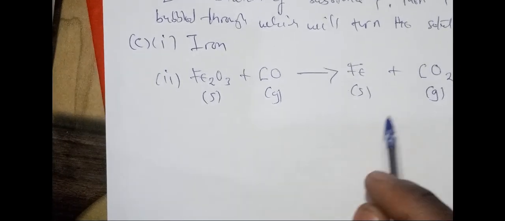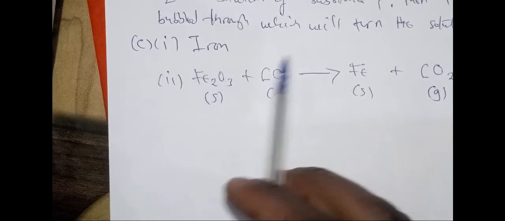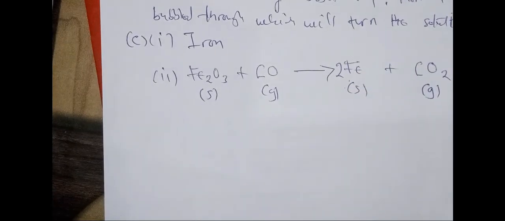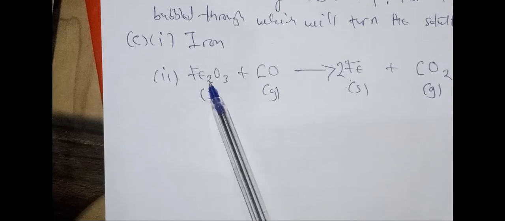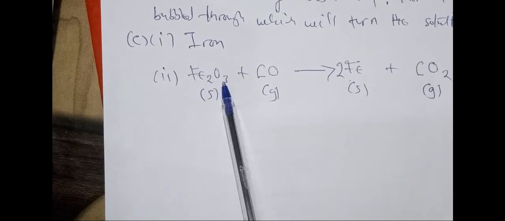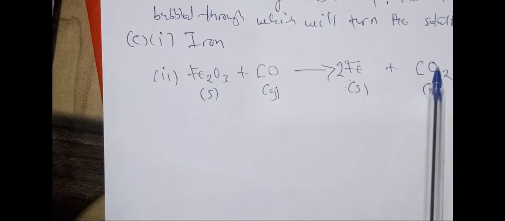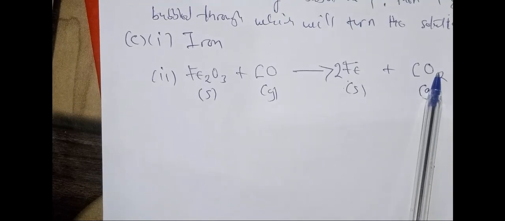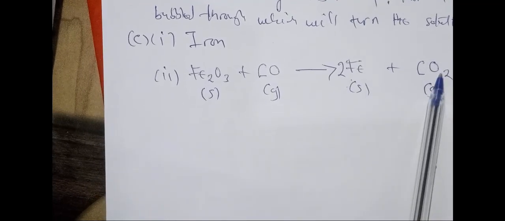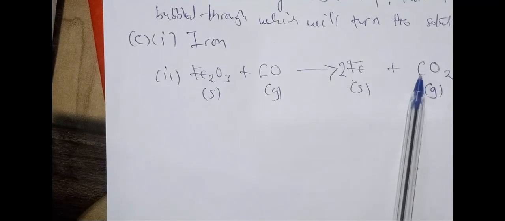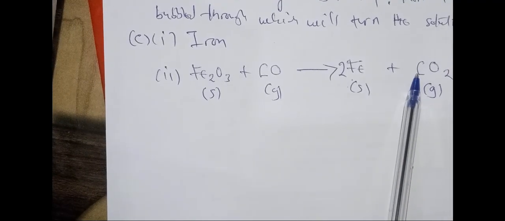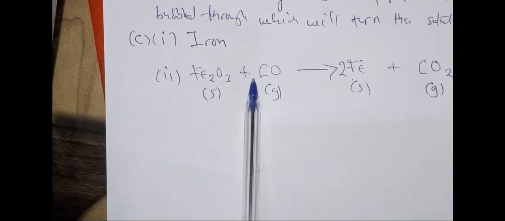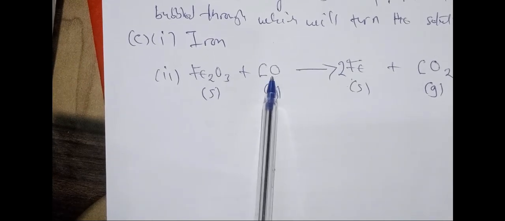So here iron we have 2, here iron it's 1, so we put a 2 here to balance iron. Iron balanced. Now oxygen we have 3, 4, but here we have 2. If we put a 2 here to balance oxygen so that it becomes 4, carbon will be affected. It will have 2, and then you will be required to put a 2 there, meaning the oxygen atoms will increase there.